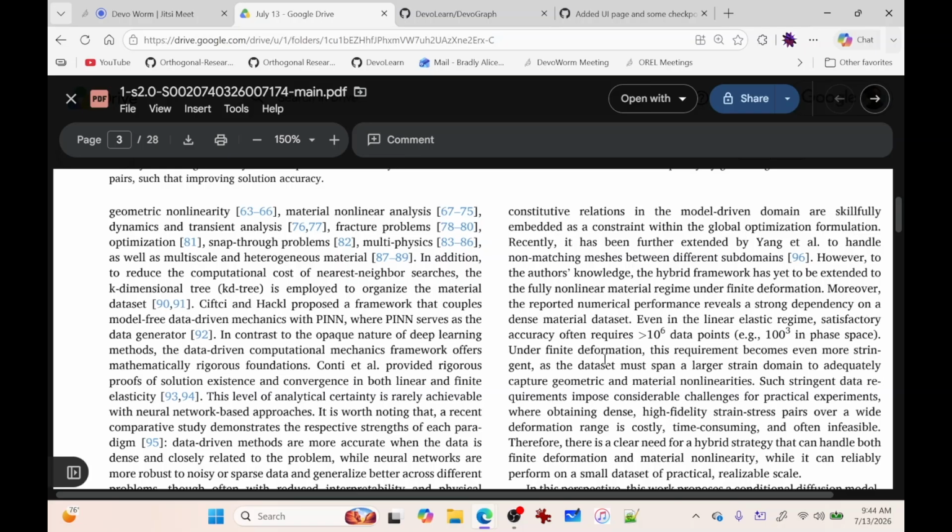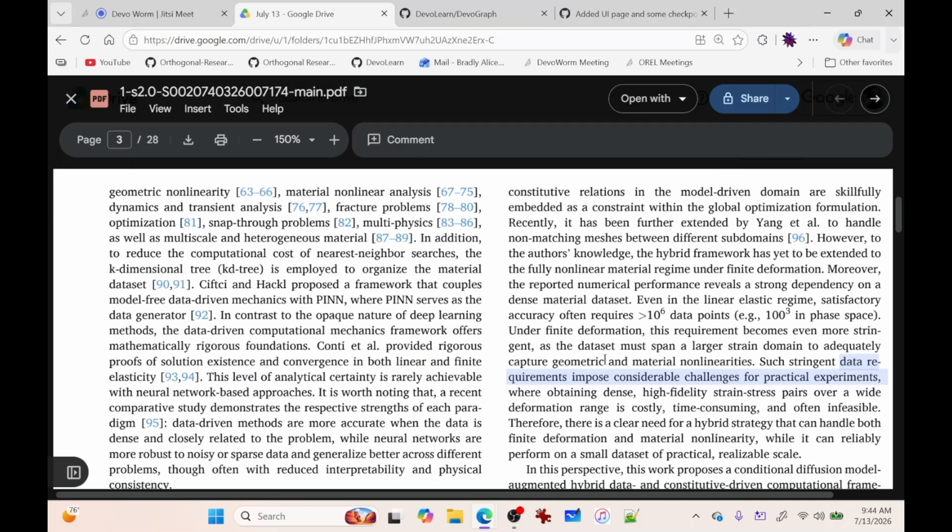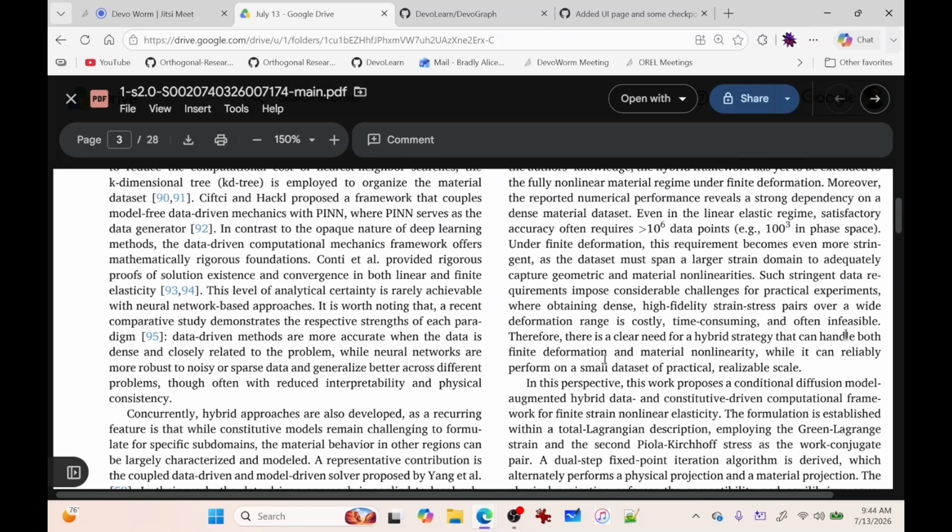Under finite deformation, this requirement becomes even more stringent as the dataset must span a larger strain domain to adequately capture geometric and material nonlinearities. So basically, you need more data, and the more atypical your stress-strain relationship, the more data you need to accurately model it or to capture some of those nonlinearities. So it becomes quite hard to build a model that can predict that.